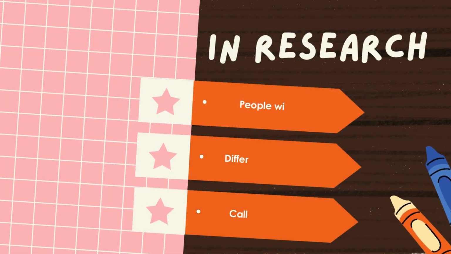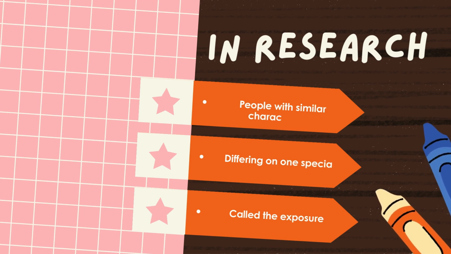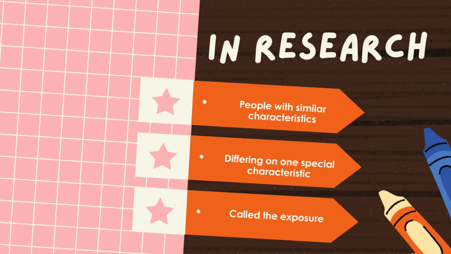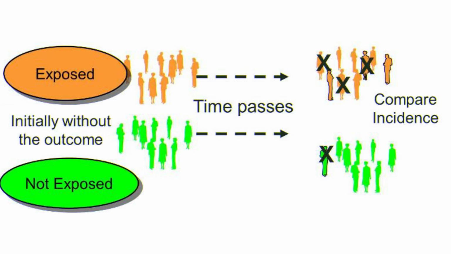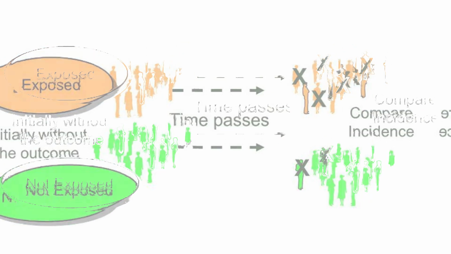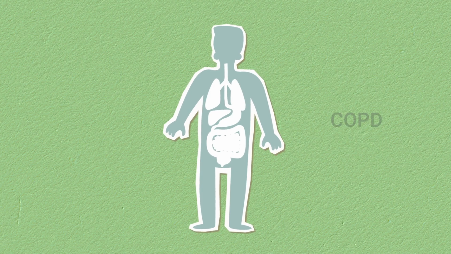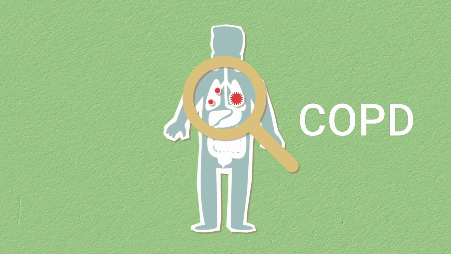Now in research, we get people with similar characteristics, but maybe differing on one special characteristic, which we shall call the exposure. So for example, we get people who all come from a particular village, and some go and work in the mine and others don't. Then we follow these people up over time to see those who develop respiratory diseases, such as COPD.